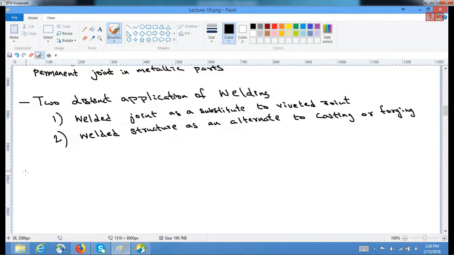Now we will see the advantages of welded joints over others.